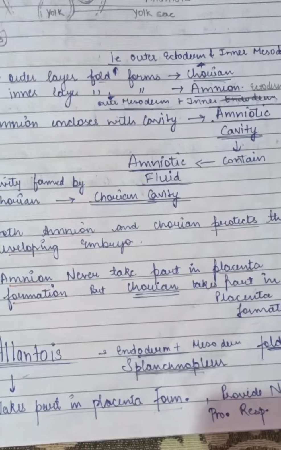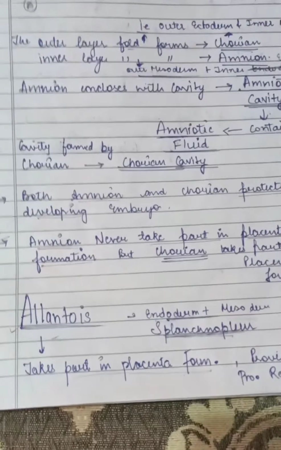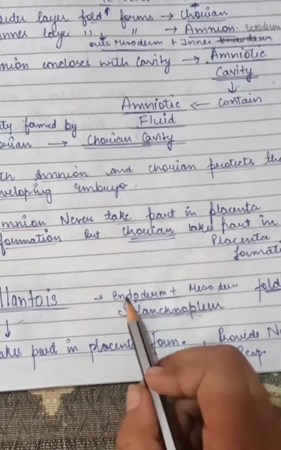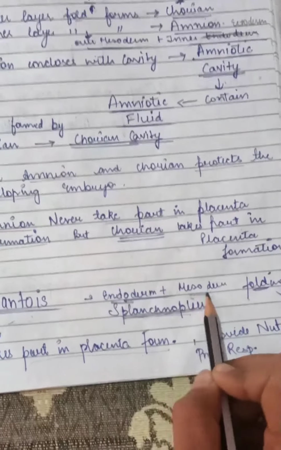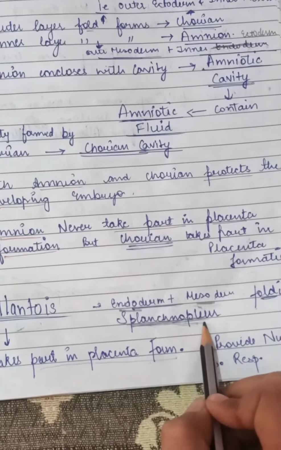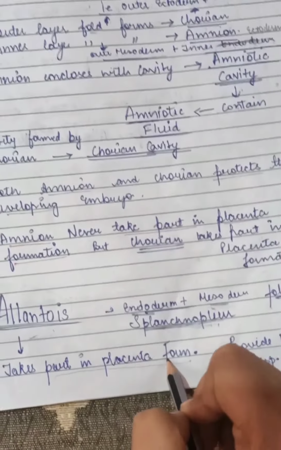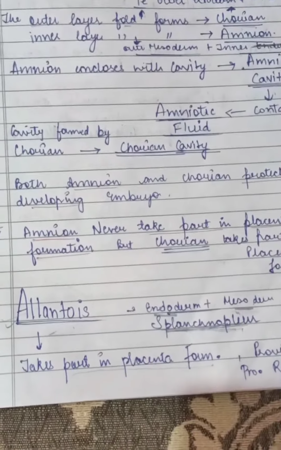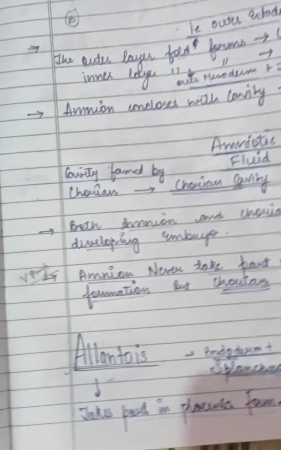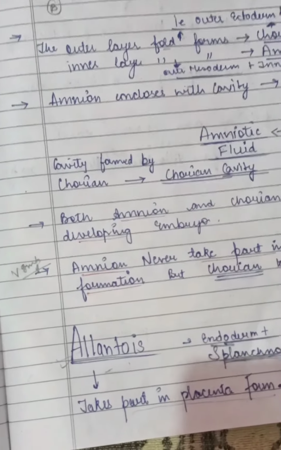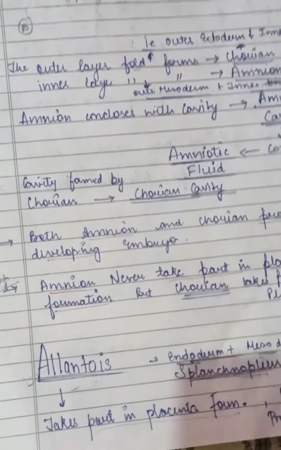It develops from endoderm plus mesoderm folding, known as splanchnopleure. It also takes part in placenta formation, and its main function is to provide nutrition, protection, and respiration. The allantoic sac is present, which stores the nitrogenous material of the developing embryo.